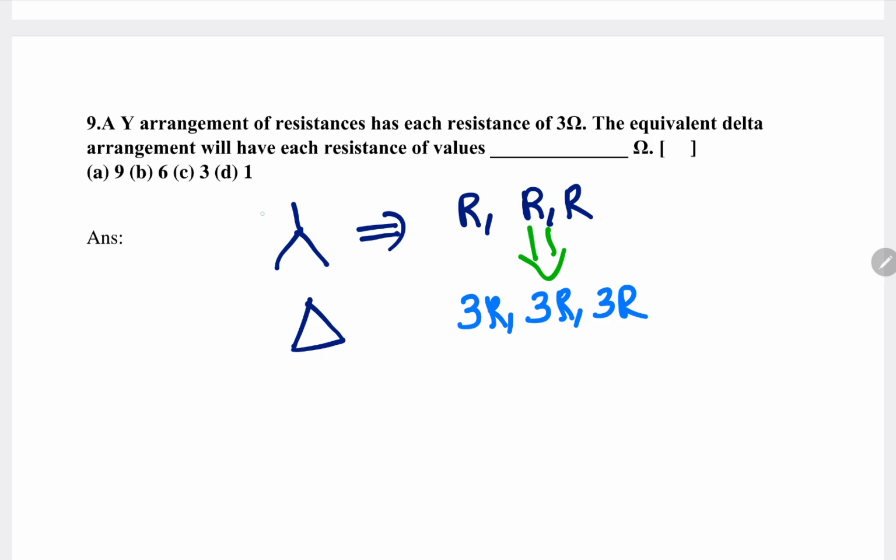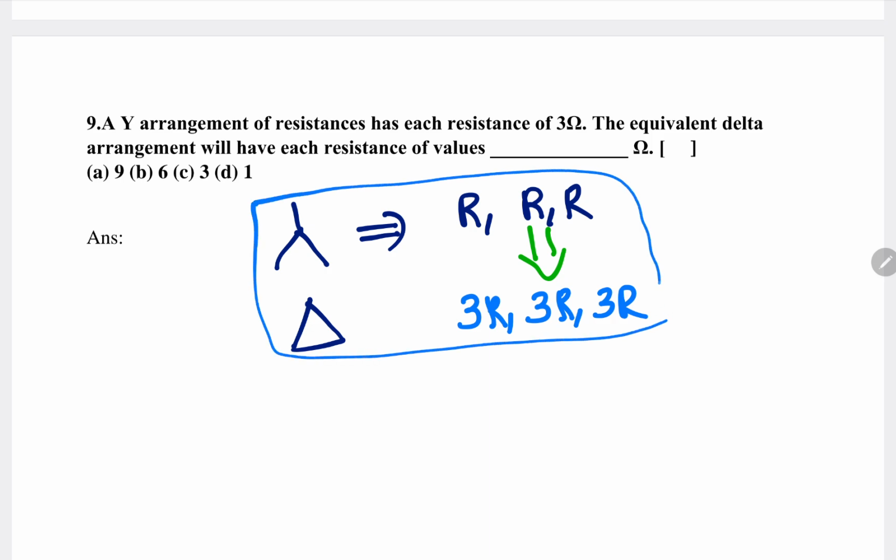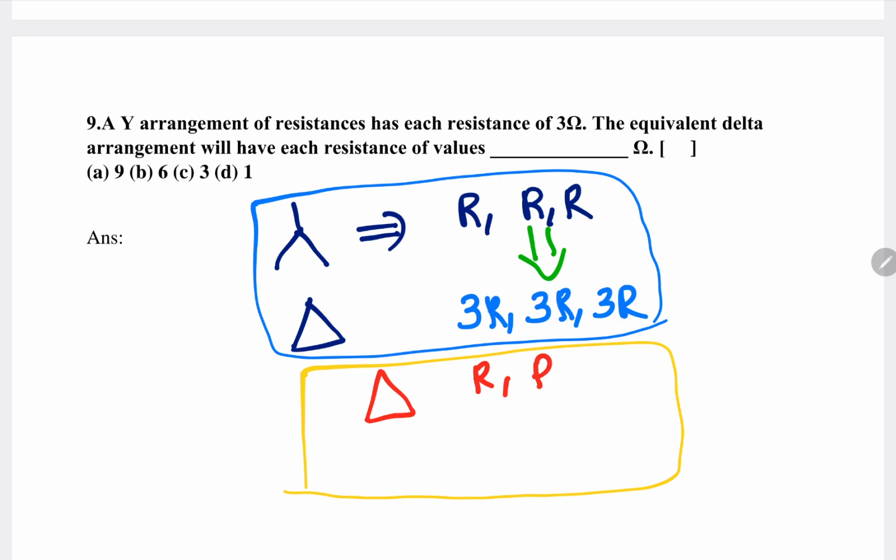So this is about star to delta. Next we will see delta to star. In delta network, R. Now we will see star network. They become R by 3, R by 3, R by 3.